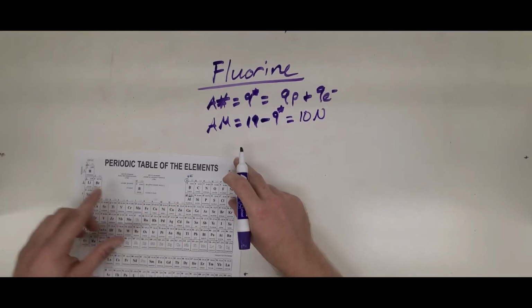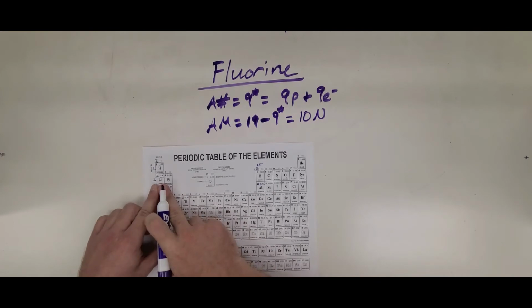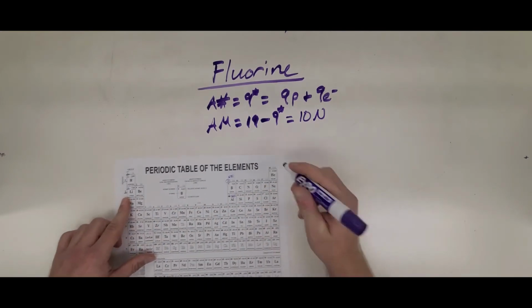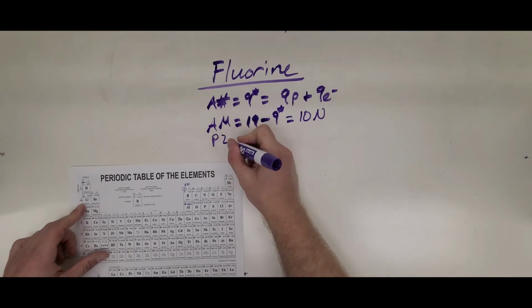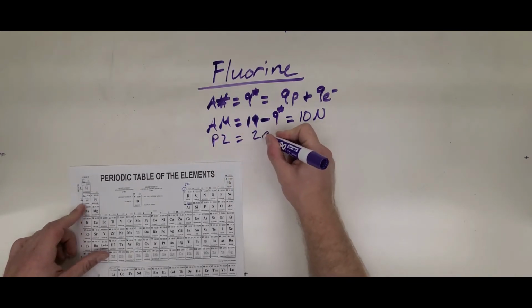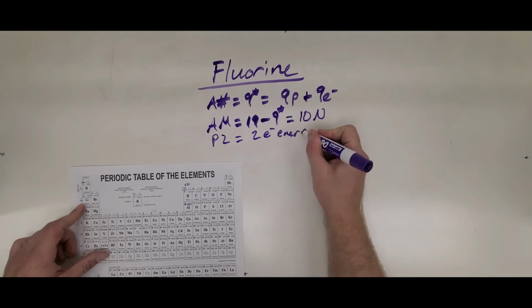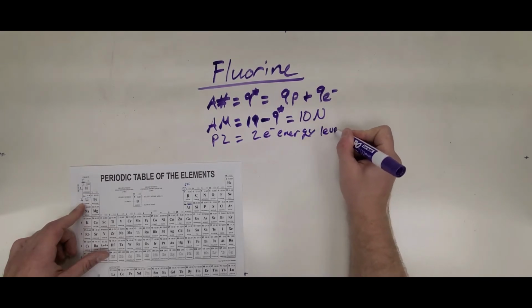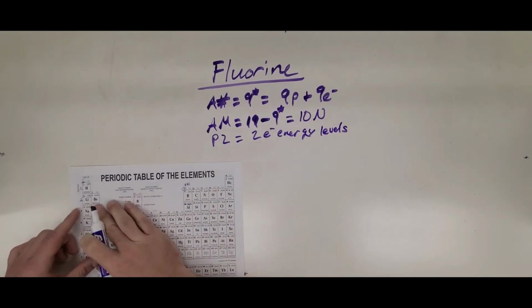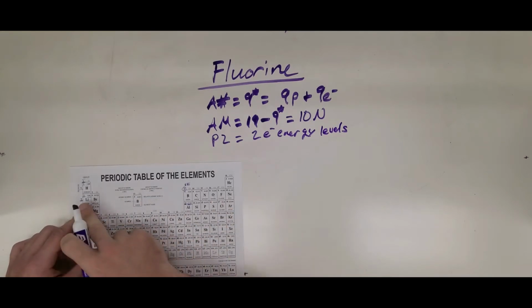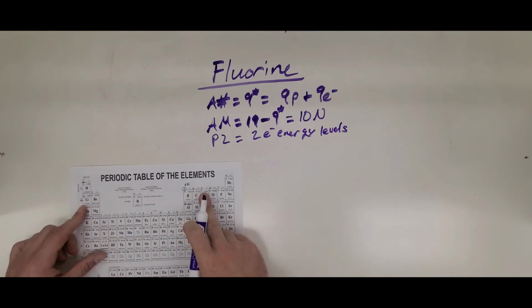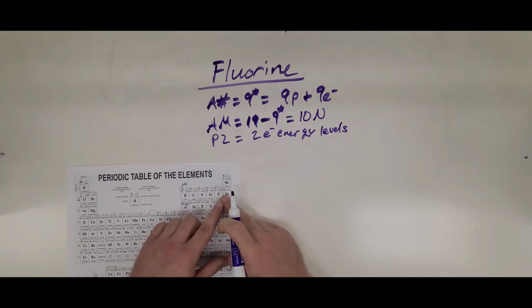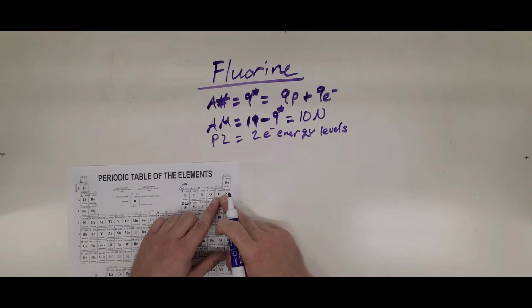So this is in period 2, which means it's in the second row. So period 2 means it has 2 electron energy levels. And let's see here, it is 1, 2, 3, 4, 5, 6, 7 elements into this row.